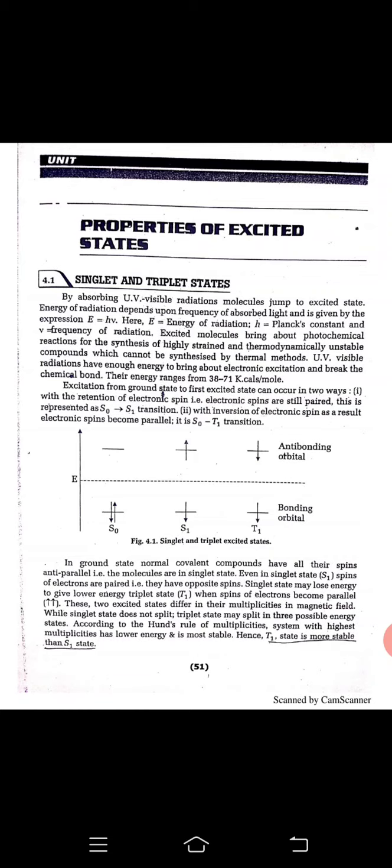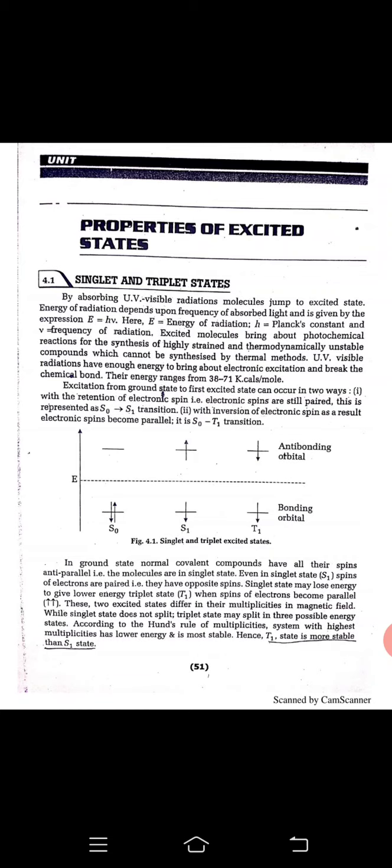By absorbing UV-visible radiations, a molecule jumps to an excited state. We already know that the energy of radiation depends upon the frequency of the absorbed light and is given by the expression E equals h nu. Here E is the energy of the radiation, h is the Planck constant, and nu is the frequency of the radiation.